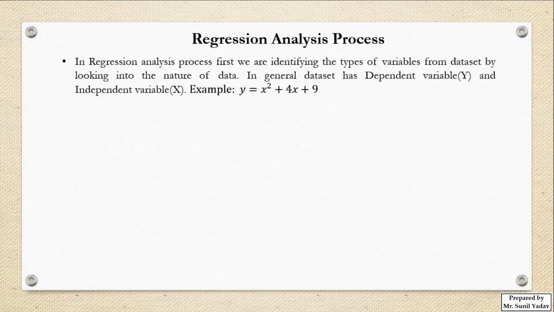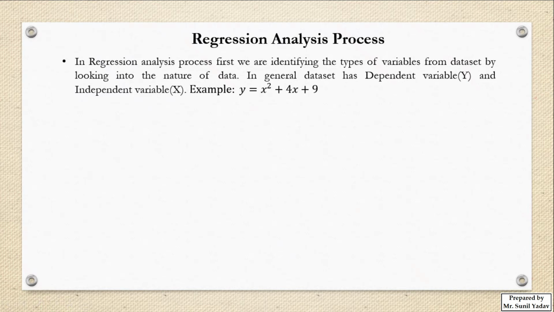To explain that, I'll take one example. Suppose we have y equal to x square plus 4x plus 9. In this case we have two variables: one is variable x and the other is variable y. The variable y can be considered the dependent variable, because to find the value of y we should have the value of x.